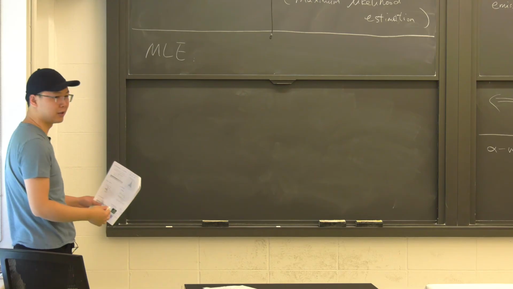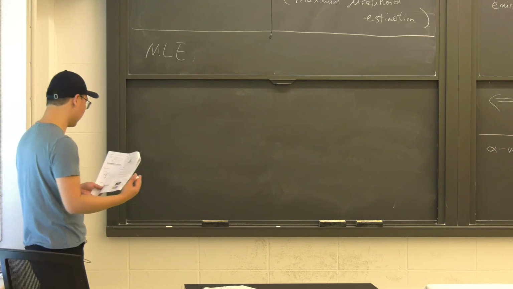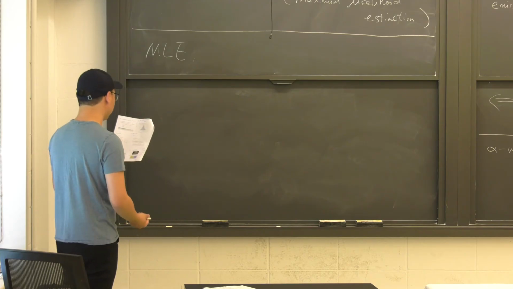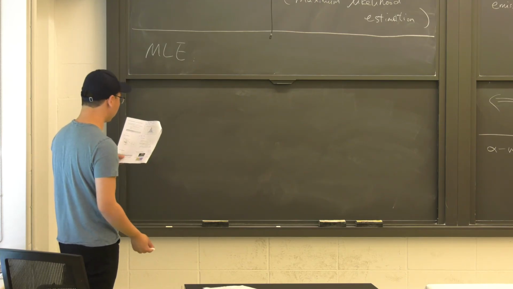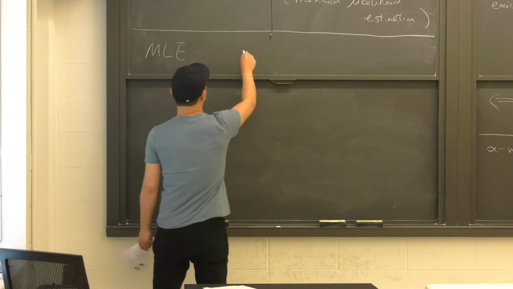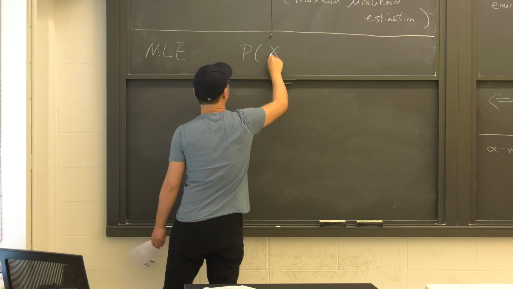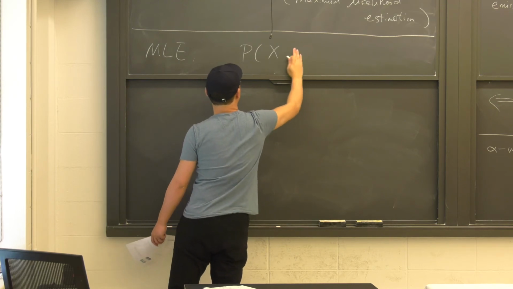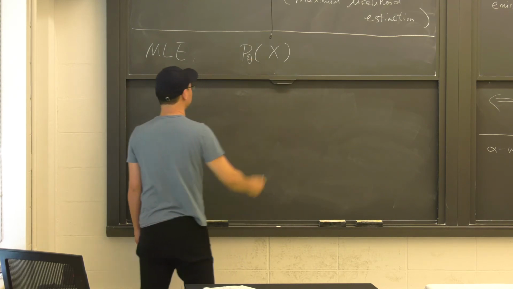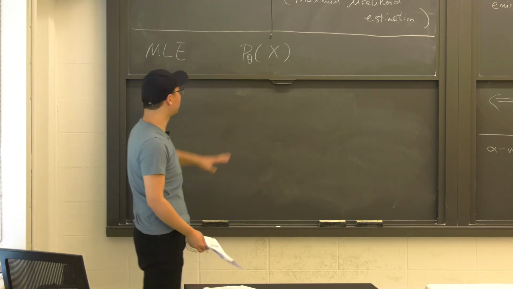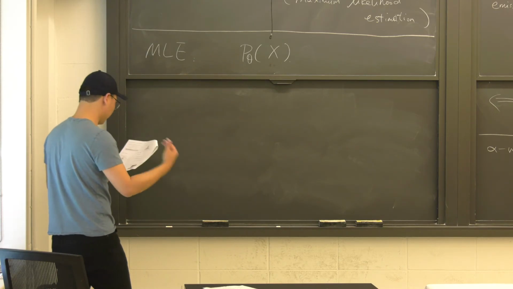If you take any statistics course, the first or second algorithm you will learn is MLE. So it basically says we have a distribution, for example p_theta of x, parameterized by theta. This is my observation x, and my model parameter is theta.